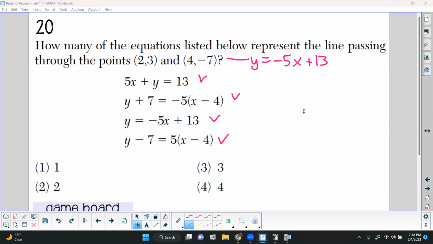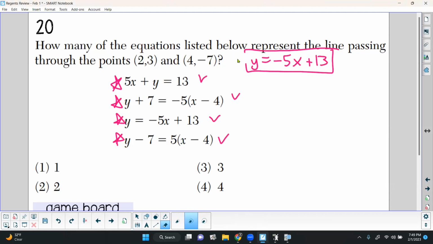Thank you, Tiffany, for your response. So the question is, how many of these 4 sentences, when manipulated, will end up looking like this? How many, after you manipulate them, will end up looking like that? All right, thank you.